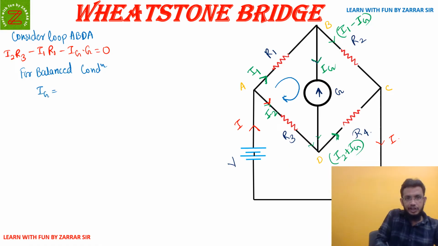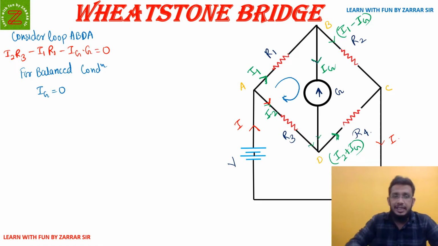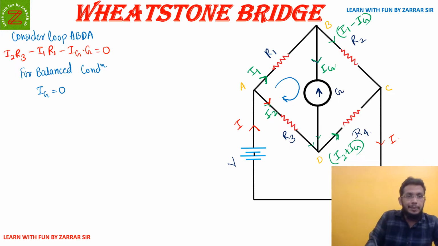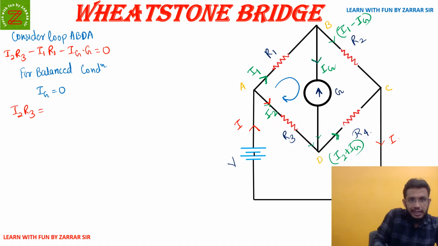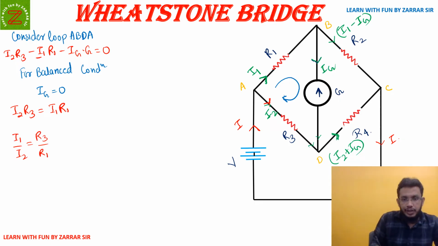If I write my balance condition Ig equal to 0, the final equation turns out to be I2 R3 equal to I1 R1, since minus I1 R1 goes to the right-hand side and becomes positive. So I can write it as I1 upon I2 equal to R3 upon R1. So this is my first equation. I'll write it down over here. Let's assume this is my first equation.